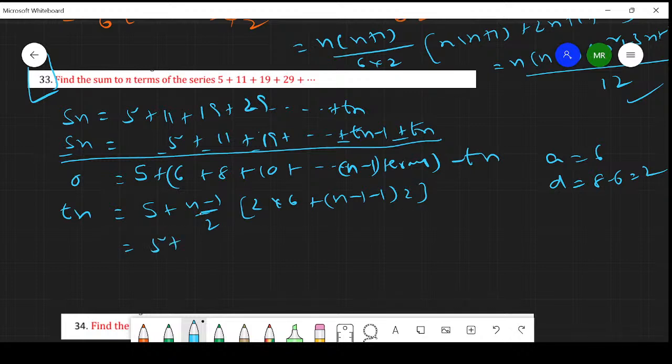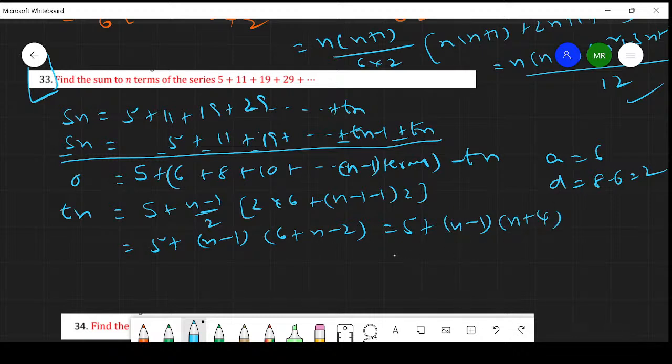So Tn will be 5 plus n minus 1 by 2 into 2 times 6 plus n minus 1 times 2. Take 2 common, the 2 cancels, and you get 5 plus n minus 1 into 6 plus n minus 2, that is n plus 4.